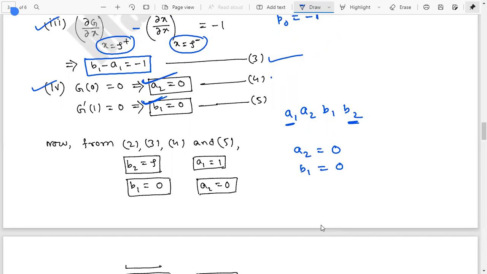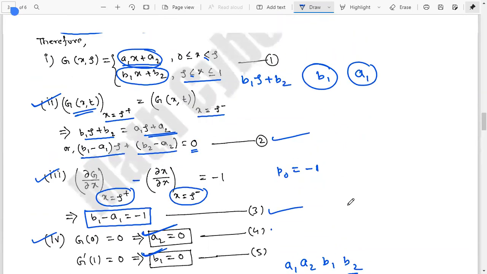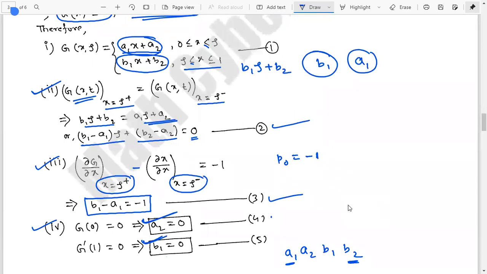From equation number 3, b1 minus a1 equals minus 1, and since b1 equals 0, a1 will be equal to 1. And from equation number 2, (b1 minus a1) ζ plus (b2 minus a2) equals 0.